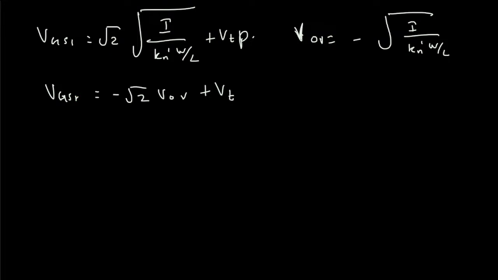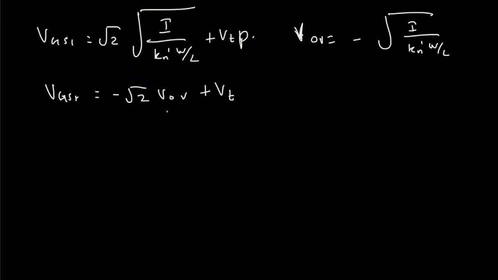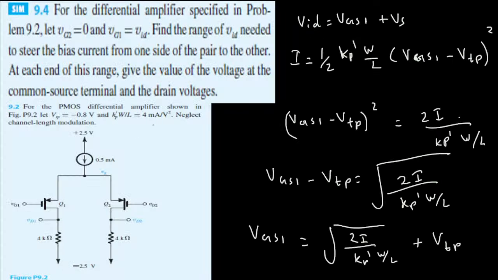And we are interested in input differential voltage, and that is given by VGS1 plus Vs. And instead of VGS1 we can substitute this one over there. So that equation becomes V input differential equal to VTP, this is VTP, minus square root of 2 VOV, and there's a Vs also addition right here.